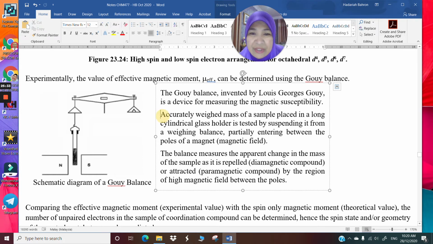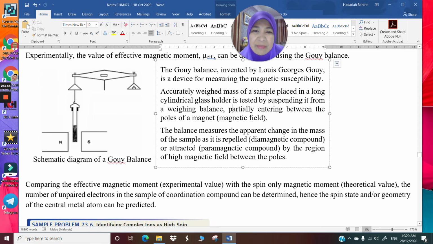An accurately weighed mass of a sample is placed in a long cylindrical glass holder, this is the long cylindrical glass holder, which is suspended from a weighing balance, partially entering between the poles of a magnet. Here is your magnet down here. You have north pole and south pole of your magnet.